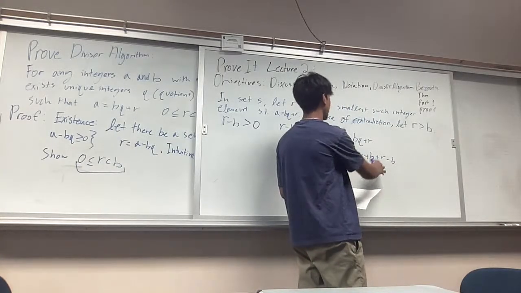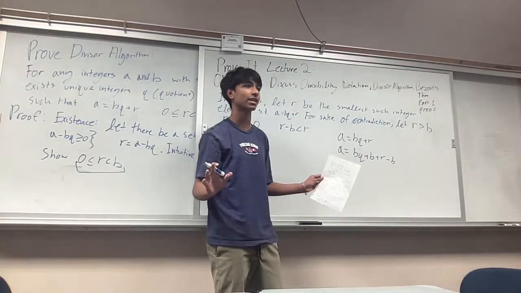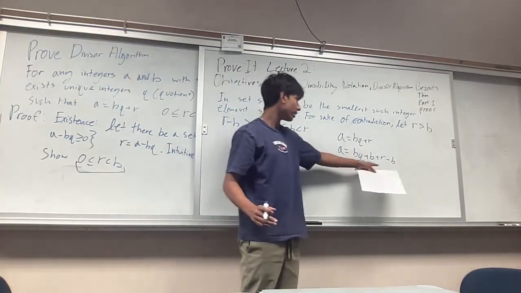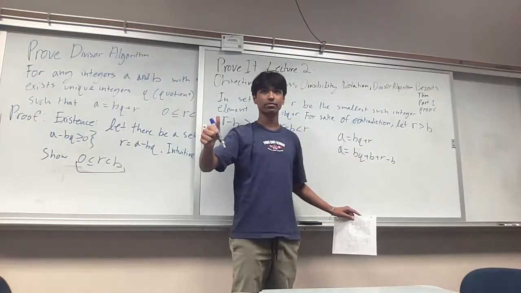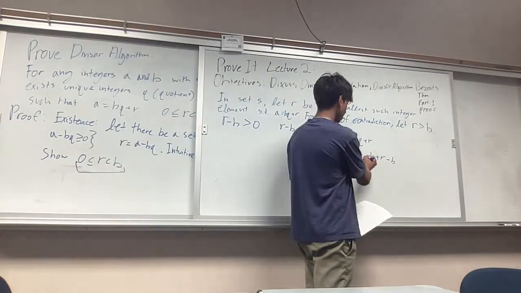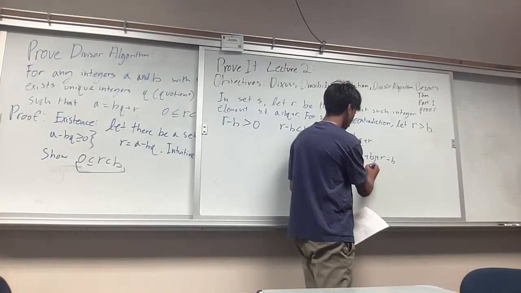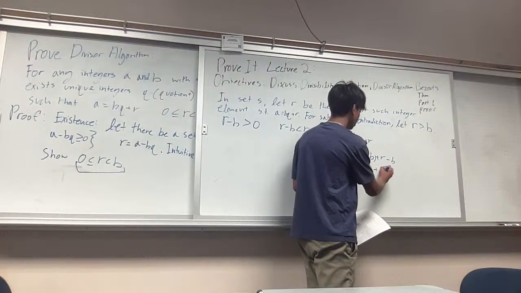Are we doing anything to really change anything? Or no, right? We're adding b and we're subtracting b. Everybody okay with that? Okay. Now let's factor out this part and do b times (q plus 1) plus (r minus b).